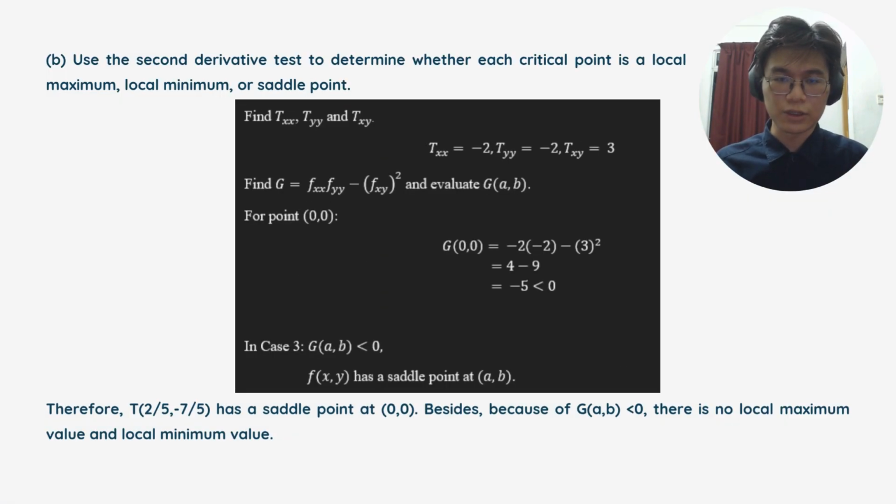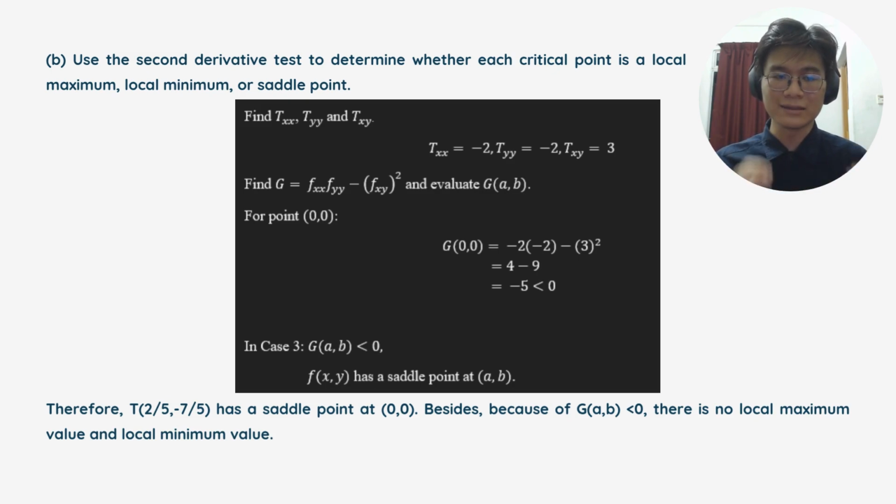The second question: use the second derivative test to determine whether the critical point is a local maximum, local minimum, or saddle point. To find what type of critical point it is, we need to differentiate further, which gives fxx, fyy, and fxy.